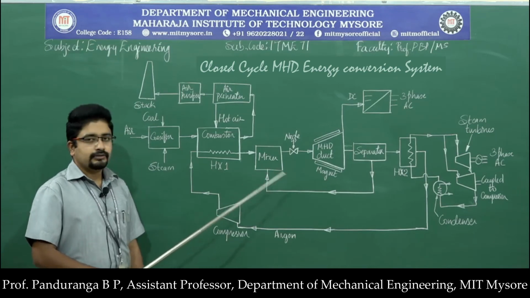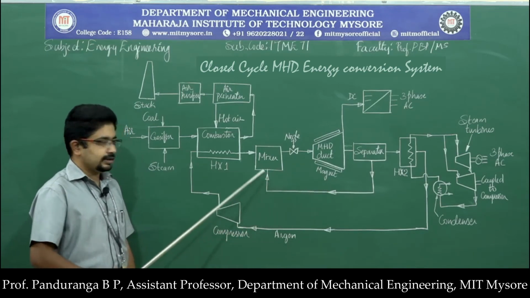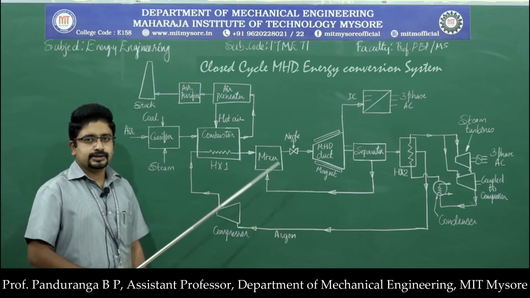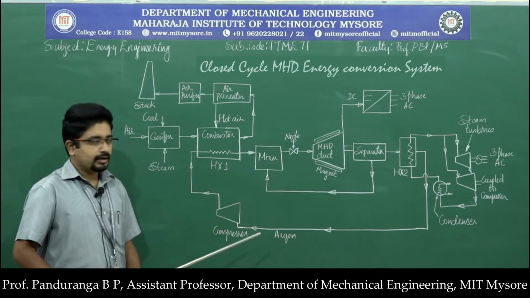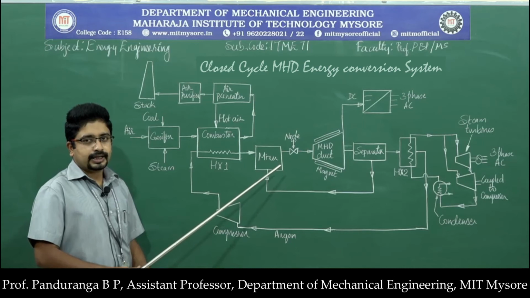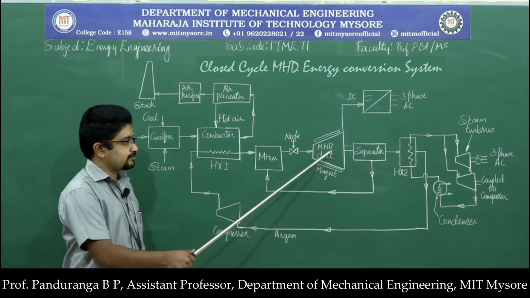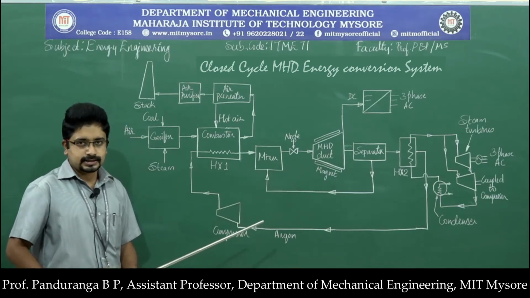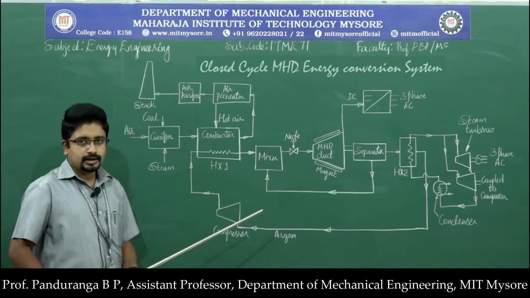In the mixer we are adding the seed material. Seed material is used because, as you know, we need ionic gases when the gases pass through the MHD system or MHD duct.